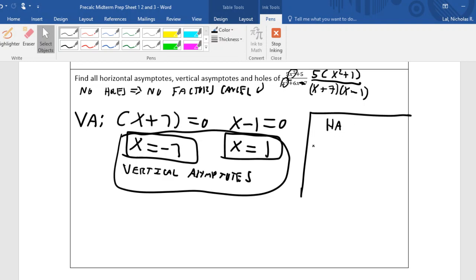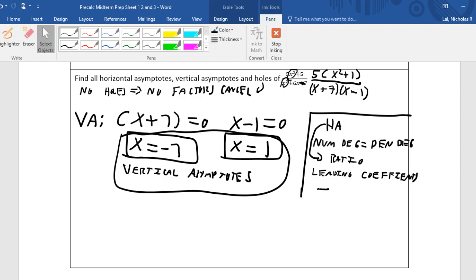Because the numerator degree equals our denominator degree, our horizontal asymptote is going to be the ratio of the leading coefficients. That's leading coefficient 5 over leading coefficient 1, which is equal to 5. So our horizontal asymptote is y equals 5.